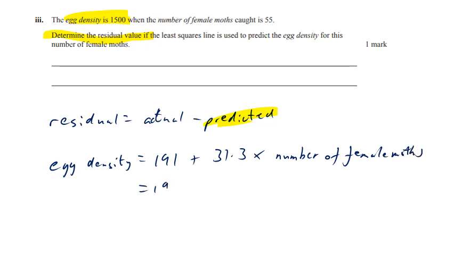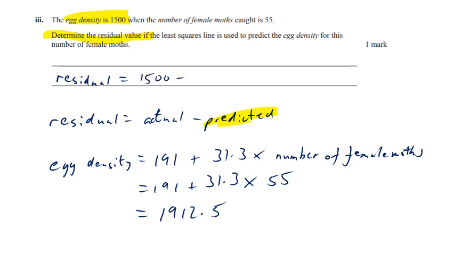So this is going to equal 191 plus 31.3 times 55. That equals 1912.5. So the residual equals 1500 minus 1912.5, and that equals minus 412.5.